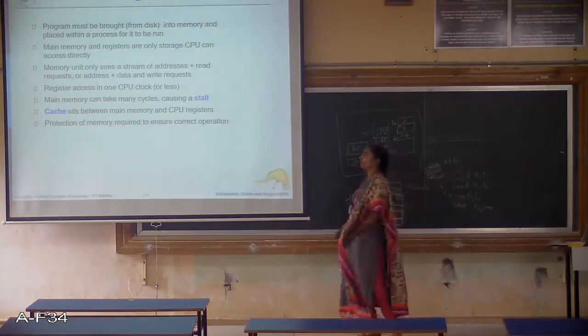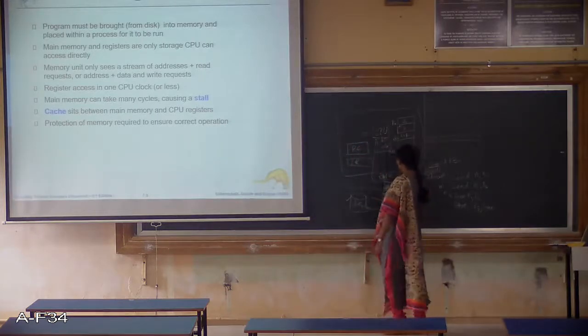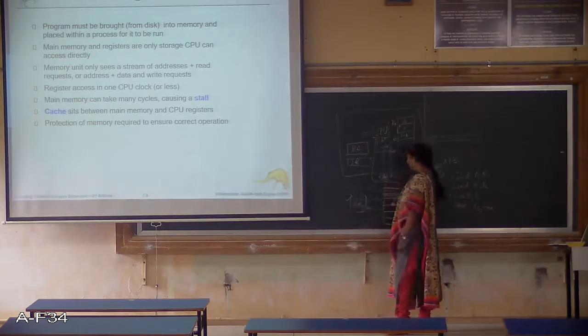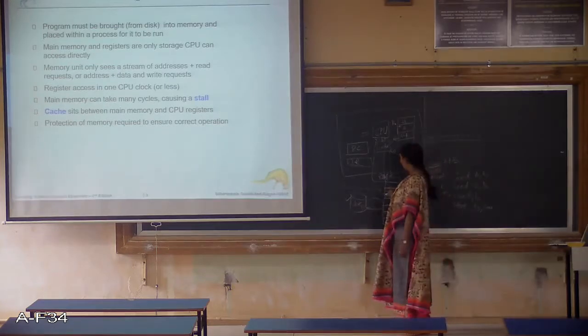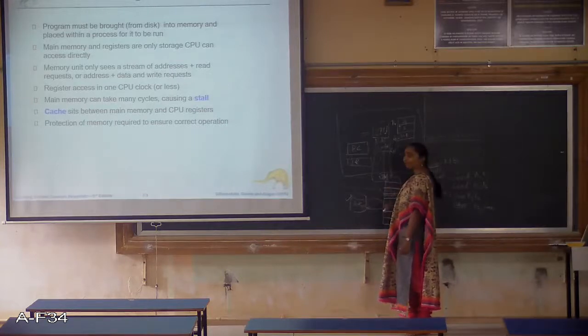Then you have protection of memory, which is required to ensure correct operations. I told you that this part of the memory is allocated to a program. The program instructions, whether data or instructions of this program, are present only in this location.